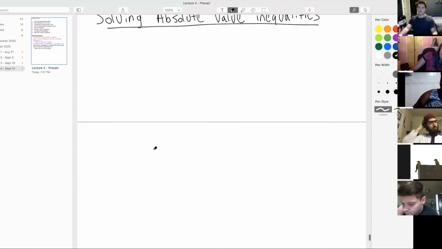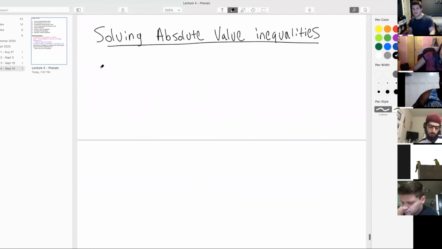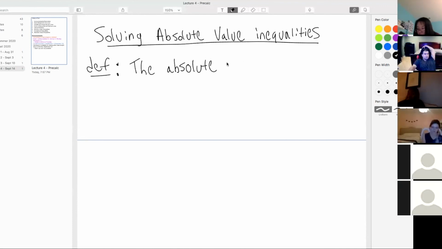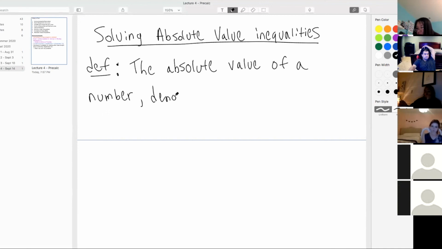Okay, so we need to talk about what an absolute value is first. So this will come in the form of a definition, okay? All right, so the absolute value of a number, and we denote it by 2 bars with an x in the middle, the absolute value of x.